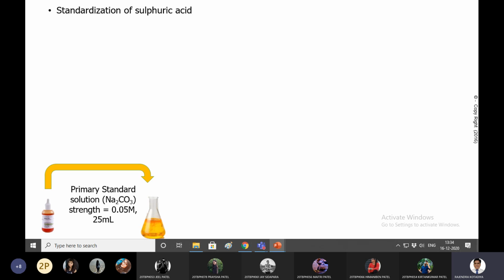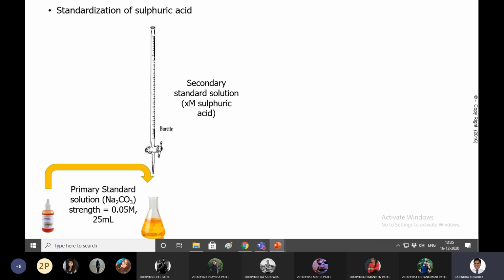Then we need to titrate it against our prepared sulfuric acid solution, whose concentration we have to find. So the burette will be filled with the prepared sulfuric acid solution and we titrate drop by drop into the conical flask containing sodium carbonate solution.